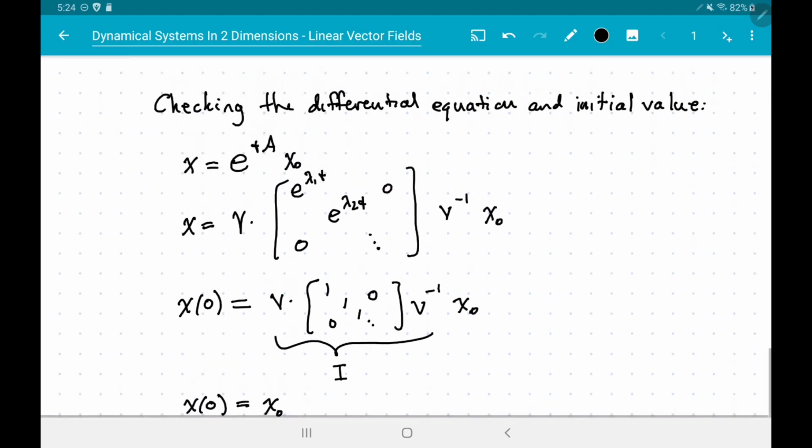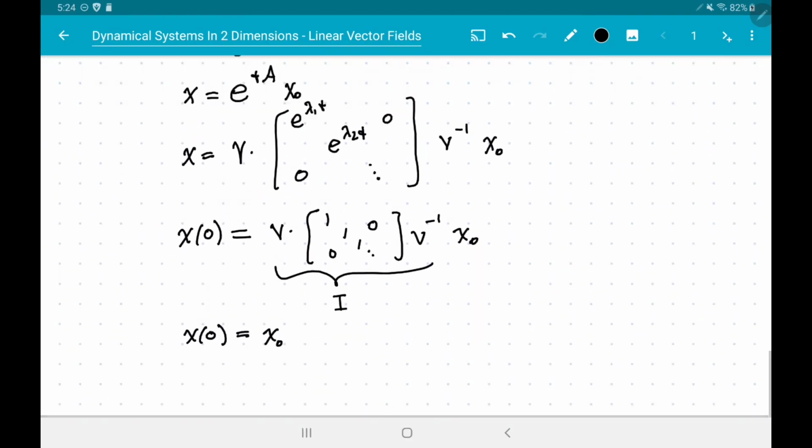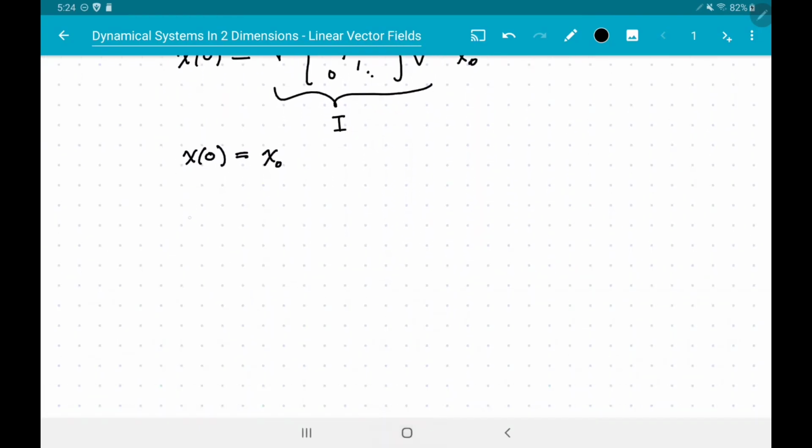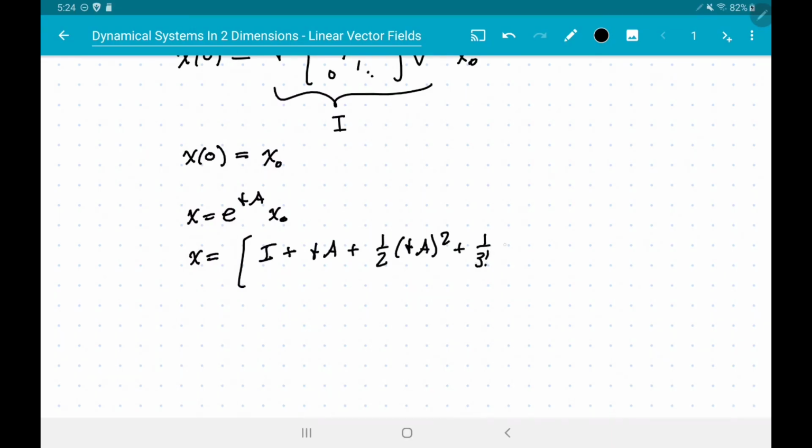Another way to see this is that if x is defined to be e to the ta times x0, that's I plus ta plus 1/2 ta squared plus 1 over 3 factorial ta cubed, and so on, times x0.